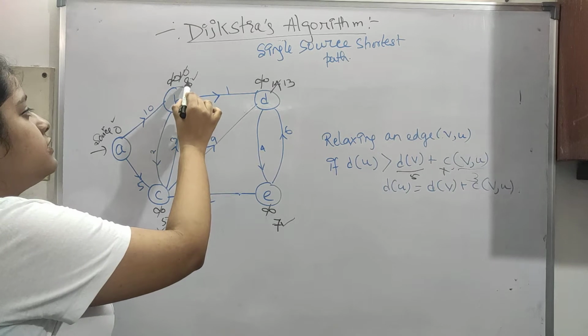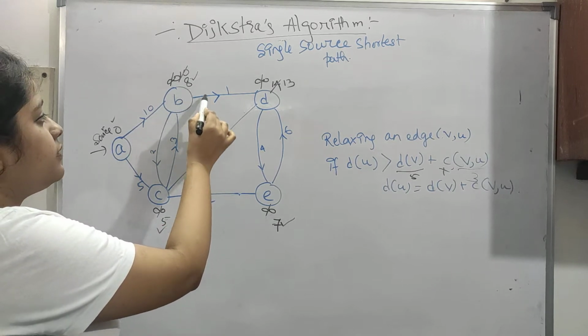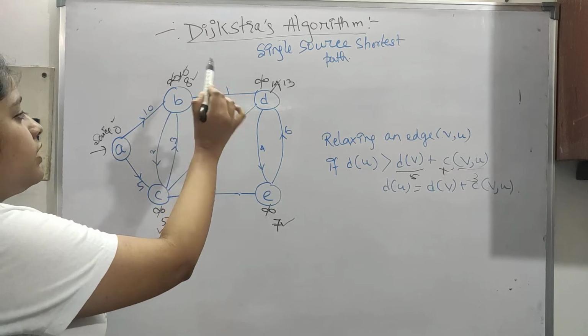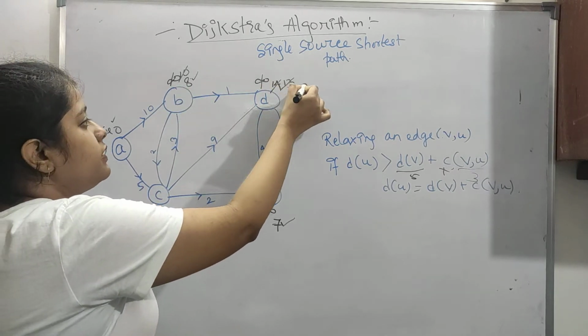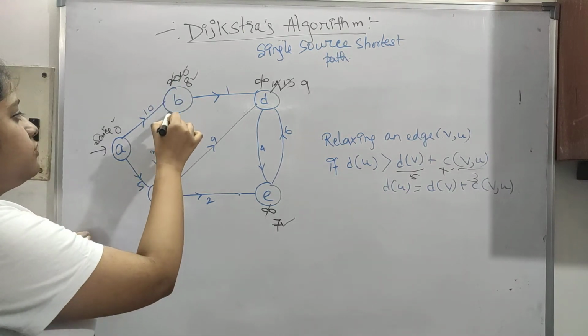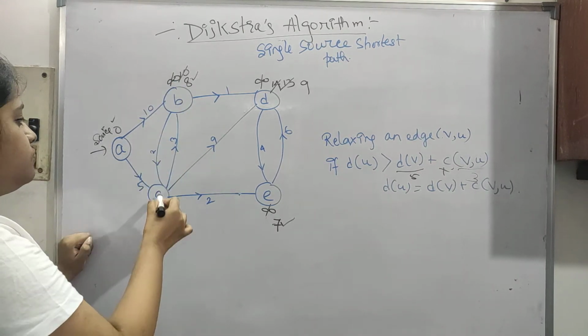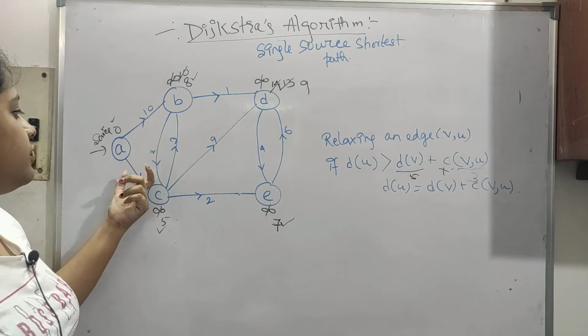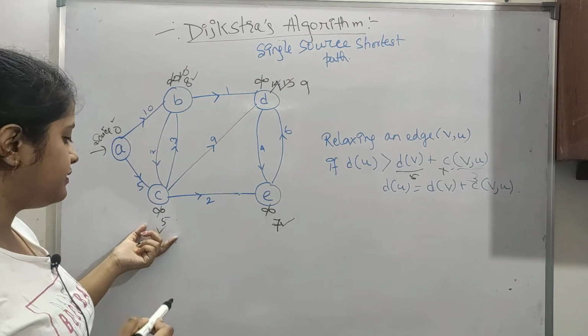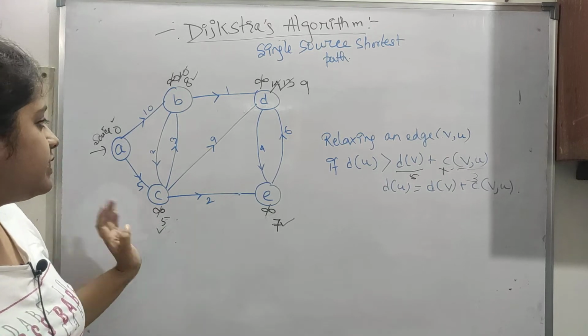The outgoing edge from 8 is 1, so 8 plus 1 is 9, and 9 is less than 13, so 9 is taken. Another outgoing edge is 8 plus 2, which is 10, but it is not lesser, so don't do anything, just leave it.